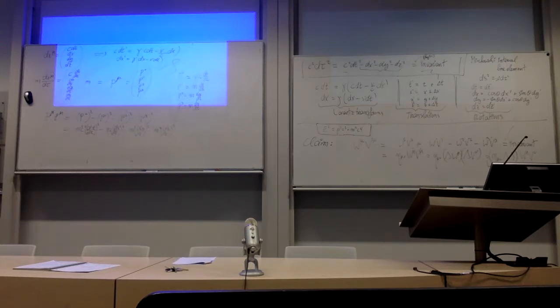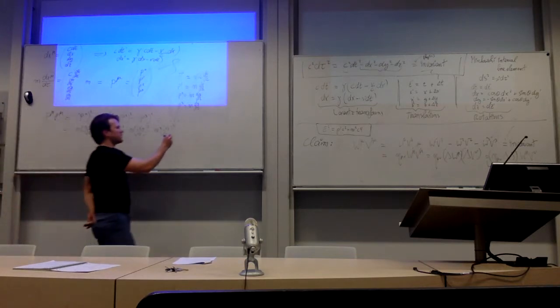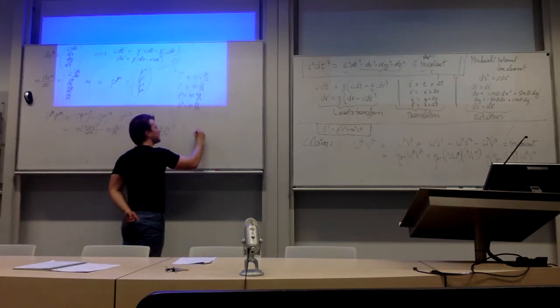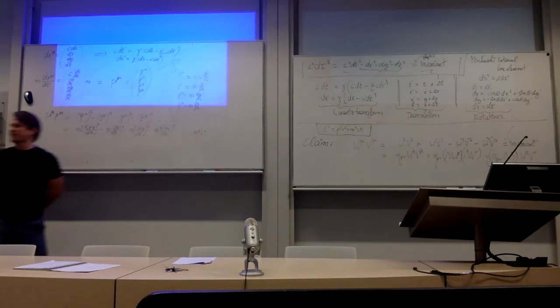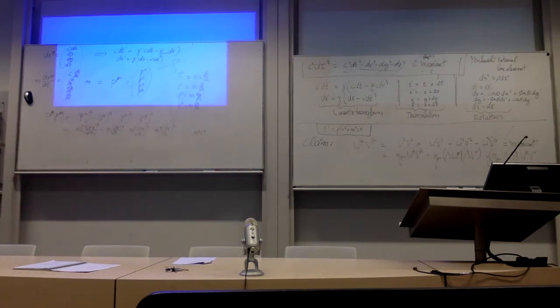Claim: the number that will come out here is minus m squared c squared. Take a second maybe to see if you can tell why this is.